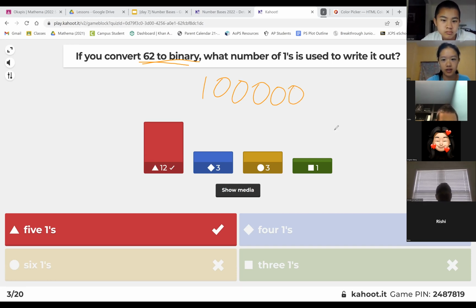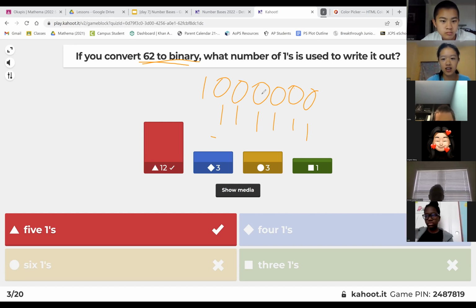Okay, but then if you subtract 1, it becomes 1, 2, 3, 4, 5, 6 ones. So this is 63. And then if you subtract 1 again, it becomes 1, 2, 3, 4, 5, and then a 0. So this would be 62 in binary. So that's a bit of a shortcut, so you don't have to convert it from scratch, if you know what I mean.